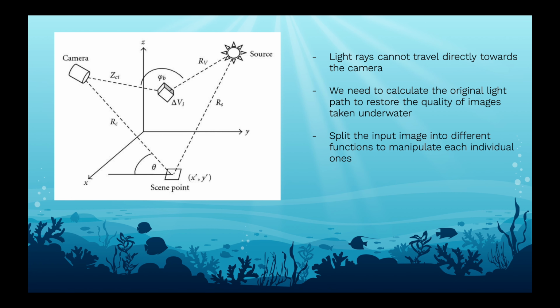As we can see here, the light source shines into the particle, which distorts its path towards the camera, and light rays cannot travel directly towards the camera. So we need to use all of the variables here, like the angle, the wavelength, and the velocity, to calculate the original light path to restore the quality of images.